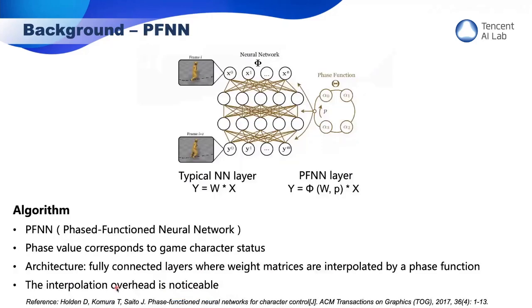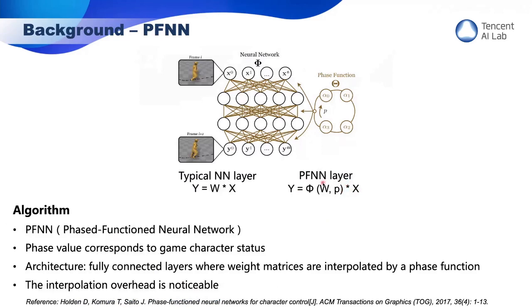The algorithm is the phase function neural network, which is called PFNN for short. The neural network architecture is a very simple 4-layer fully connected neural network. The weight matrices are interpolated by a phase function.